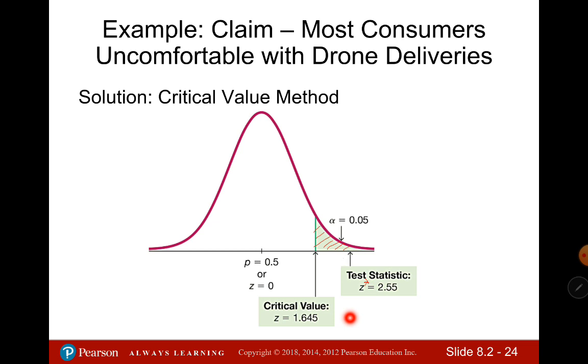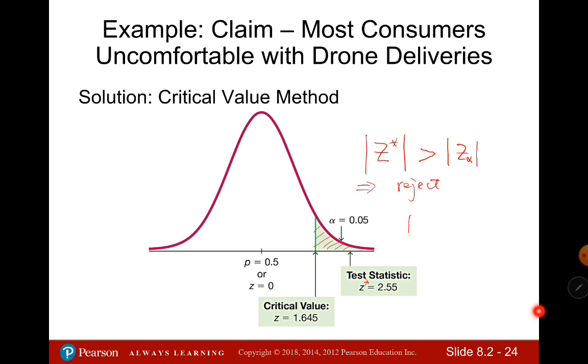Or you can use my method. Just compare the absolute values of the two Z's. Here, this is a one-tailed test, so we have Z sub alpha. If your test statistic has the greater absolute value, we will reject.